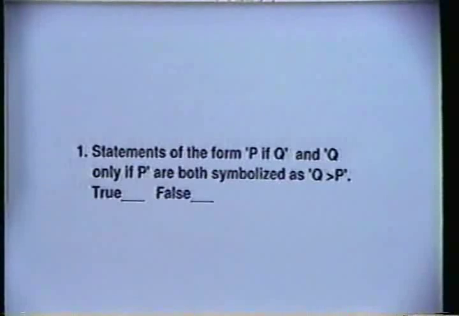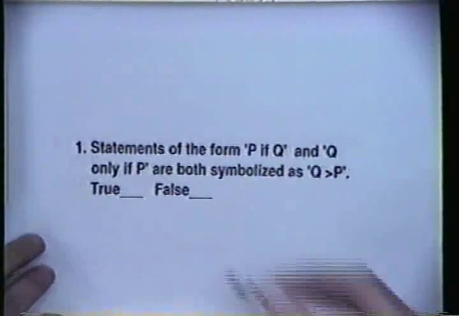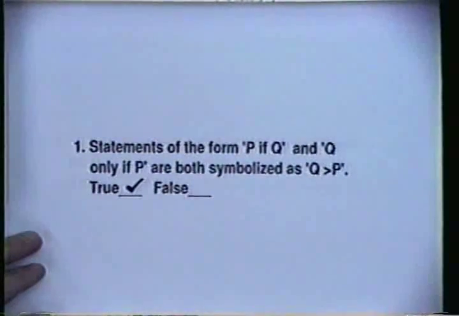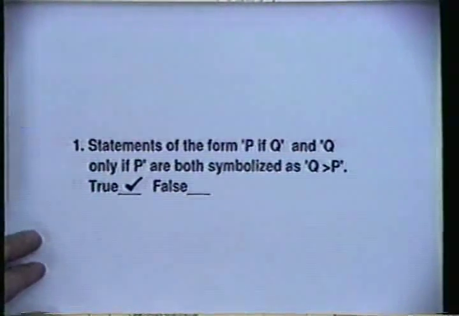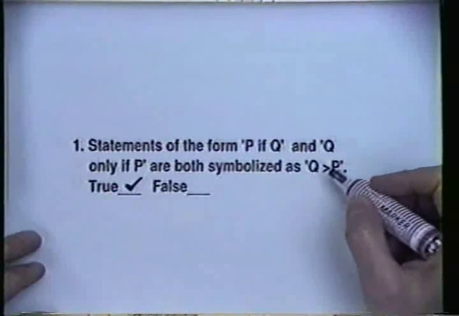Statements of the form P if Q and Q only if P are both symbolized Q hooks P. Is this true or false? This is true, and I'll give you a little hint about these conditional sentences.